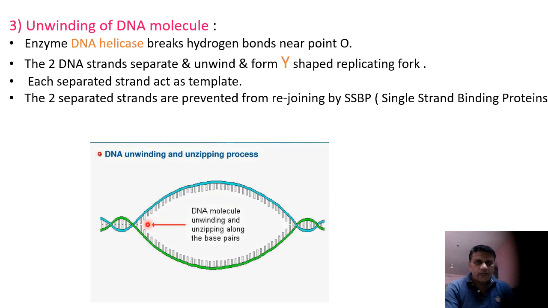Then these two strands separate and unwind. They separate from each other and form a Y-shaped structure. Here we can see this Y-shaped structure, and it is called a replicating fork.